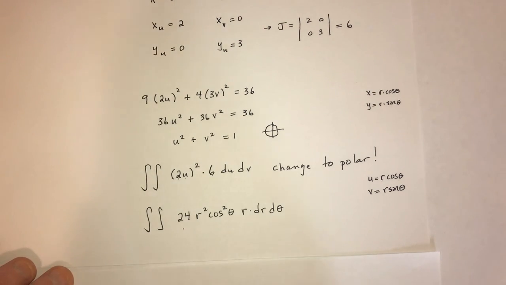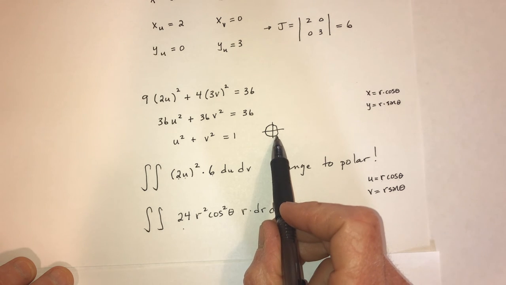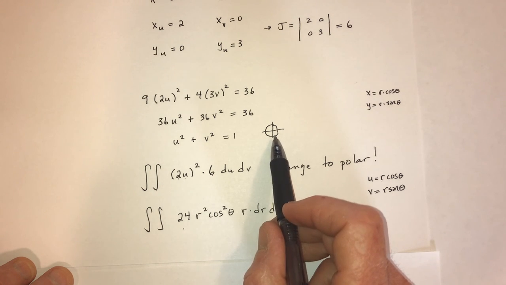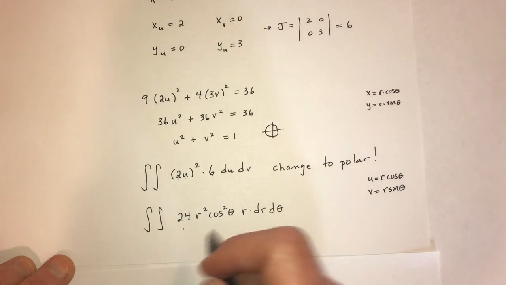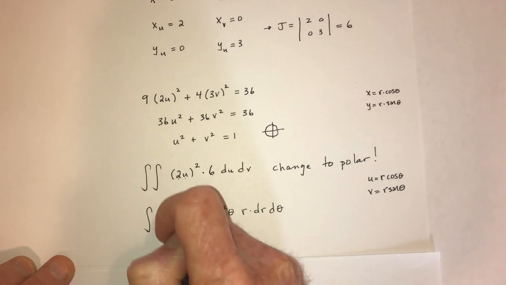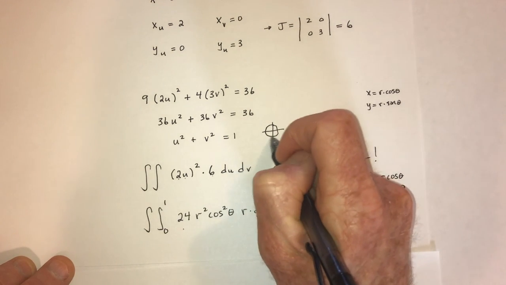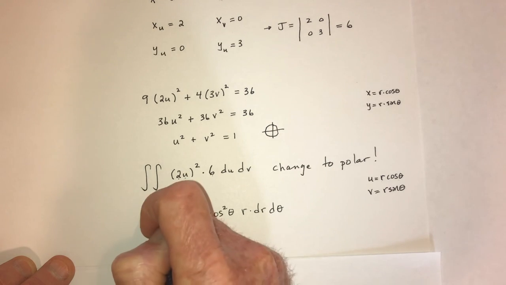Then, what are the limits? Well, we're talking about this circle right here, and it's a circle of radius 1 because of that. So r is going from 0 to 1, and to go all the way around the circle, theta goes from 0 to 2 pi.